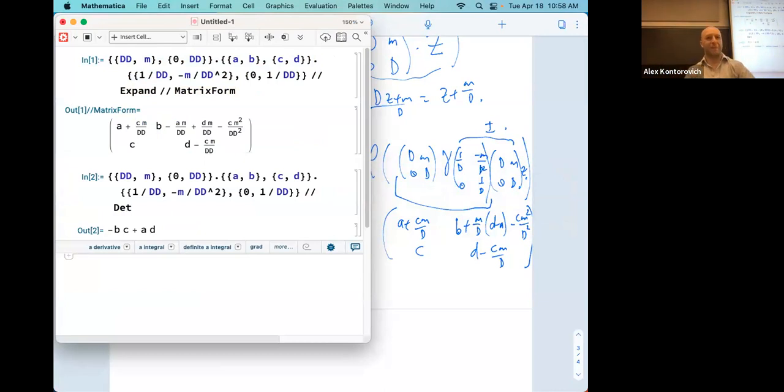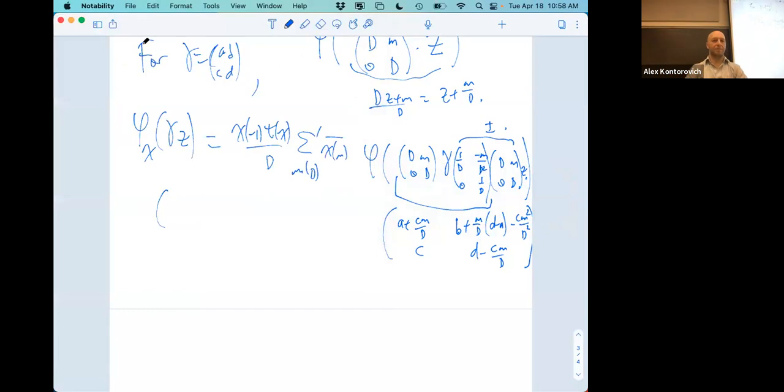Can we simplify the upper right coordinate? I can't simplify the upper right coordinate. It's not going to get much better, but notice this. If gamma is in gamma naught n, then C is 0 mod n. That's good.